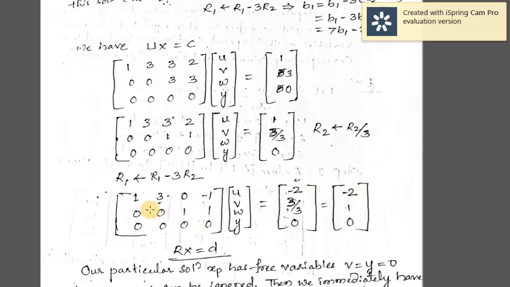And now we can see this U is in the form of R, because this is the pivot element with only unity as a non-zero element at its pivot place, and same here. And these two we don't have to worry because they are not the pivot columns. Then when we go for solving this one, this is no more C, now let's refer to it as D. And as we can see, this contains minus 2, 1 and 0.